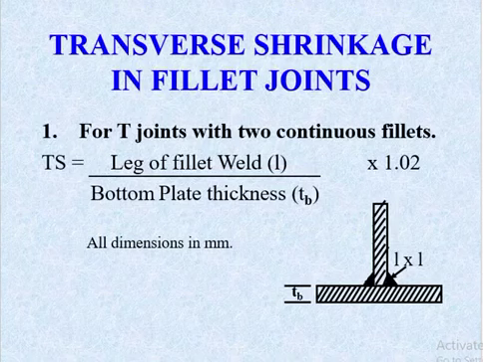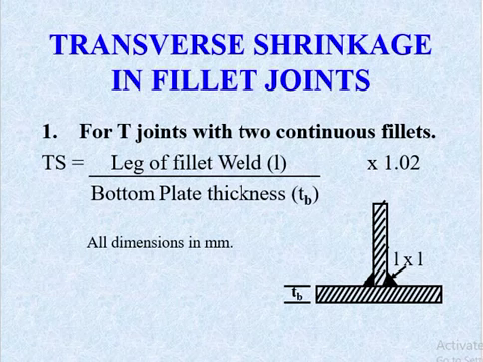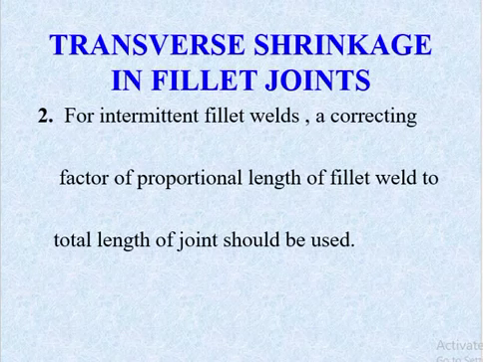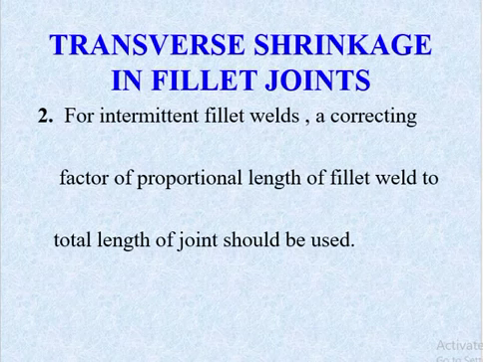Transverse shrinkage in fillet joints. Transverse shrinkage equals the leg of the fillet weld, the bottom plate thickness TB, times 1.02. This is the transverse shrinkage of the fillet joint, where the leg is the fillet weld length.